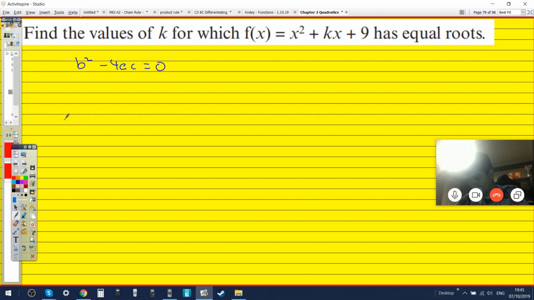So we're trying to find k. Then I could do k squared minus 4 brackets 1 brackets 9 equals 0, and then I'll make it k squared minus 36 equals 0, and then k squared equals 36, and then k equals 6.